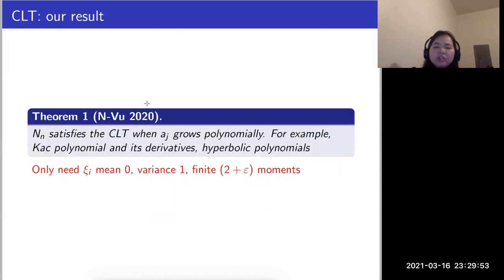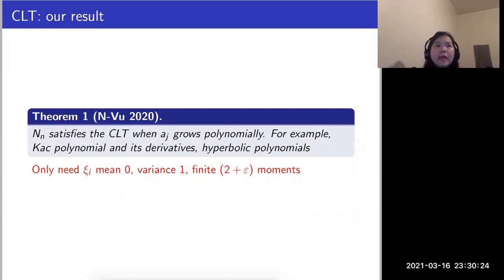Now, for this talk, let me talk about our proof of the CLT for the hyperbolic polynomials. We actually proved something more general. We showed that the Central Limit Theorem holds when the a_i grow polynomially. Let me emphasize that this only works when the a_i grow polynomially.